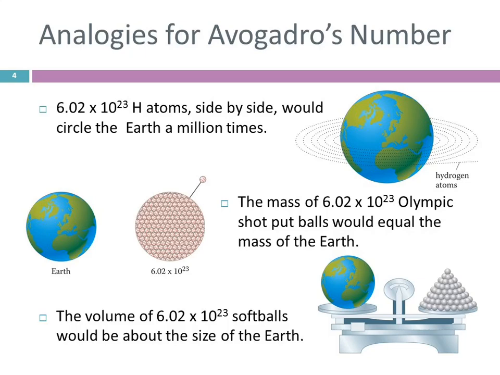You can hold one. Shot putters throw them long distances, right? Avogadro's number of them, same mass as the Earth. If we took Avogadro's number of softballs, they would occupy a volume about the size of the Earth. It's just a mind-bogglingly large number. It's just ginormous.